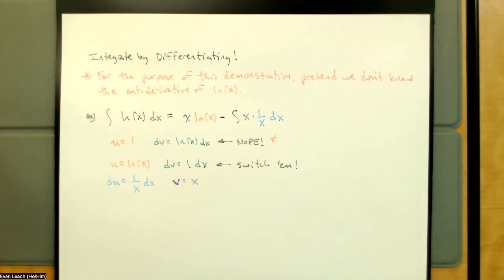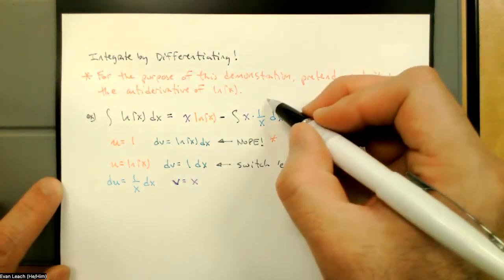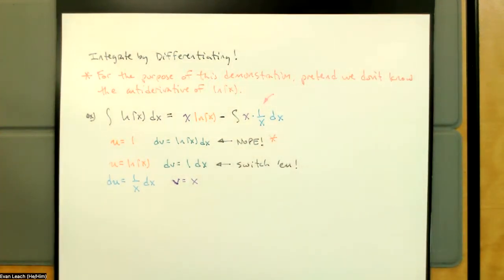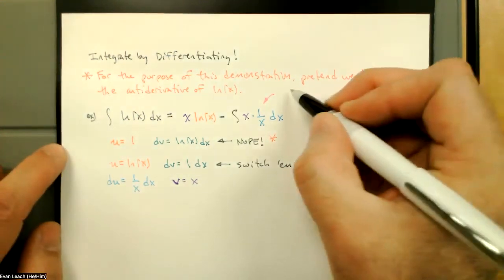Just like with the x cubed, we can simplify our secondary integral to just 1. Just like with the x cubed, our secondary integral simplifies to the original dv that we started with. So simplify the secondary.